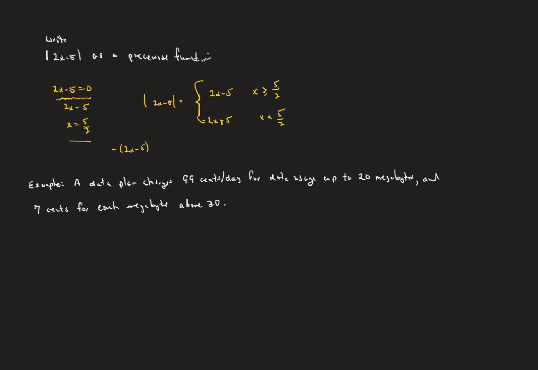So we're going to try to see if we can write a piecewise function for the cost in terms of the megabyte usage, which we will shorten up and call M. And then after that, we're going to see if we can graph it.